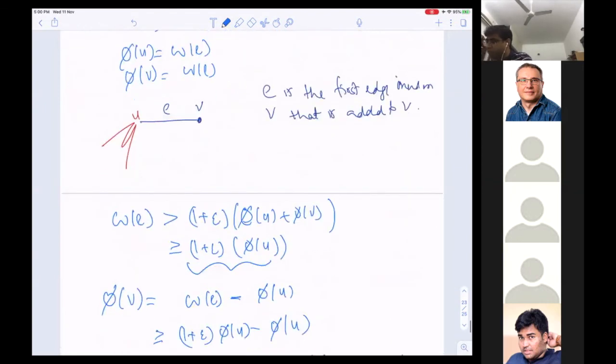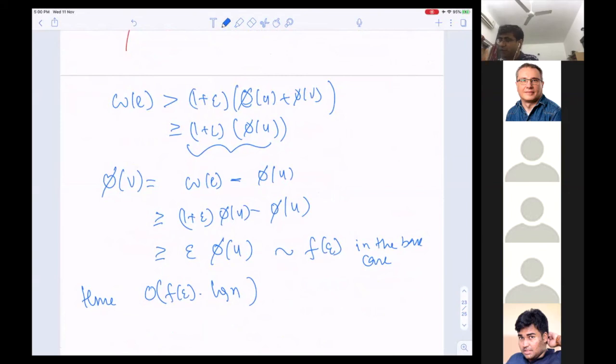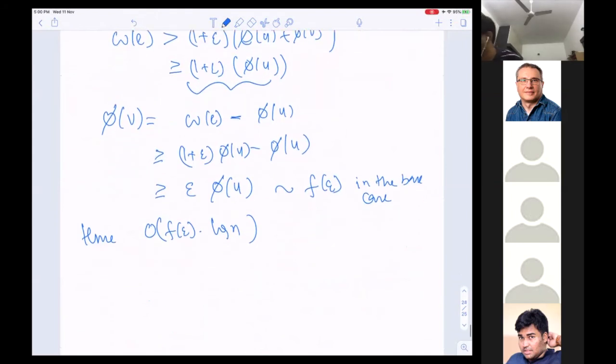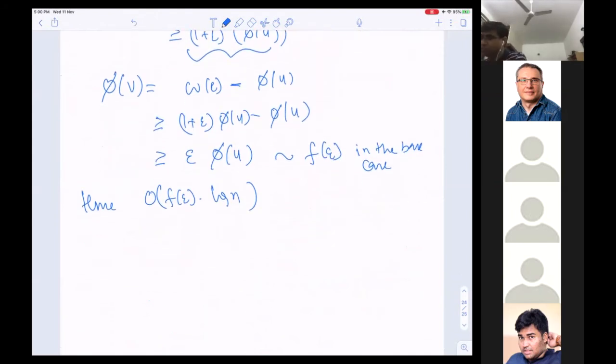So (1 plus epsilon) to the power something, times f of epsilon, should be greater than n^c. If you do the normal maths, this should happen. I'm not going to do this calculation, but basically the idea is that by introducing 1 plus epsilon, we have made sure that we are not going to add edges arbitrarily when weights are small, but whenever we add weights to edges, my potential grows exponentially. So if we have polynomial weight, we will converge very quickly. At least that was the idea.